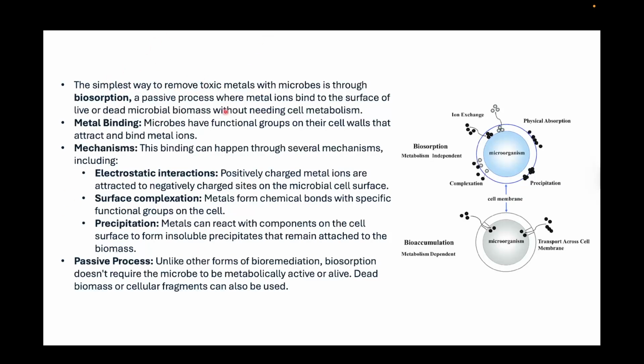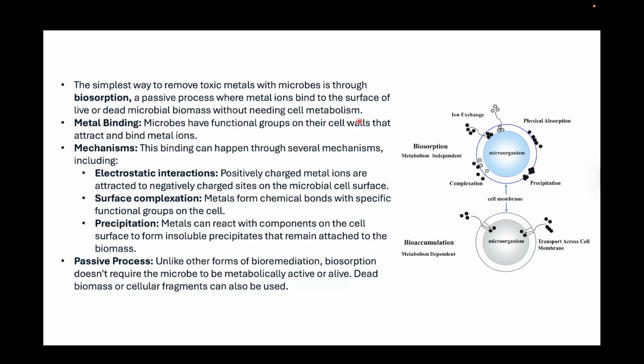The simplest way to remove any toxic metal with microbes is through biosorption, which is a passive process where metal ions bind to the surface of the live or dead microbial biomass without needing cell metabolism. So this is the major factor.